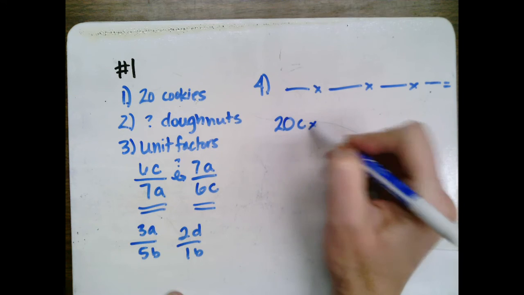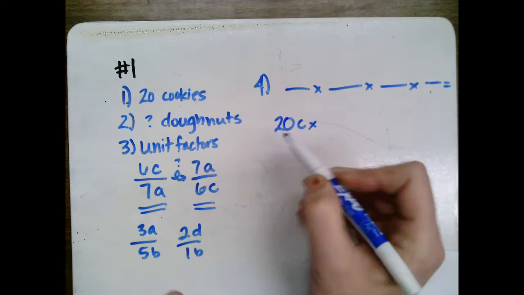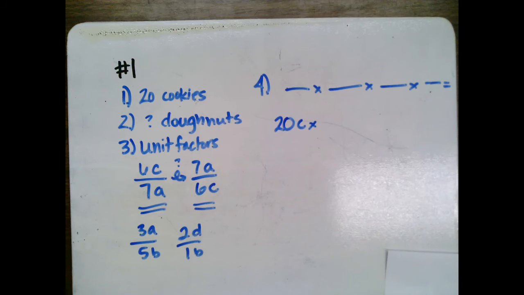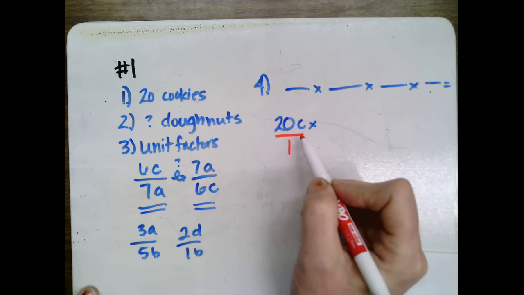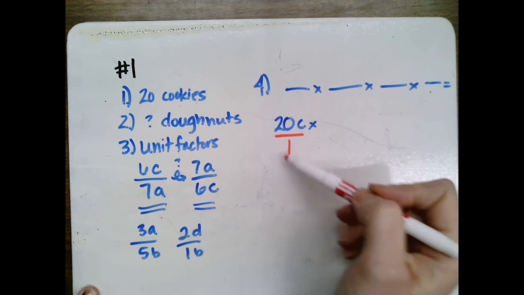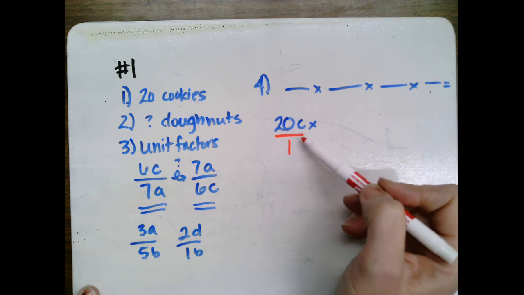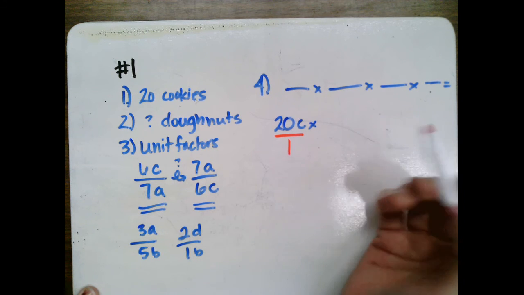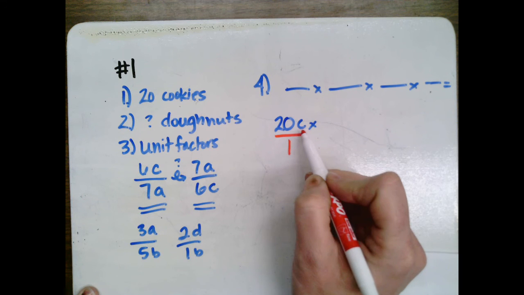Any number divided by 1 is equal to that number itself. So if written as a fraction, this is 20 cookies over 1. I don't need to write it that way, but what I want you to see is that cookies is in the numerator.